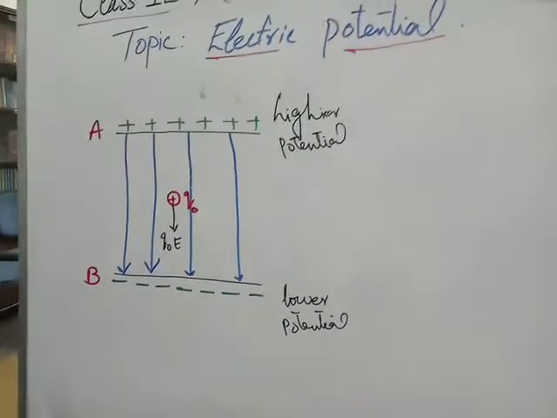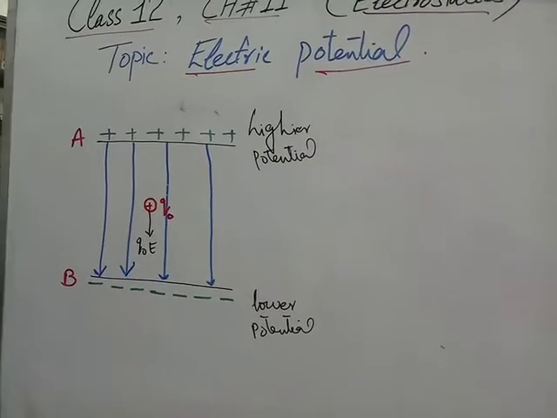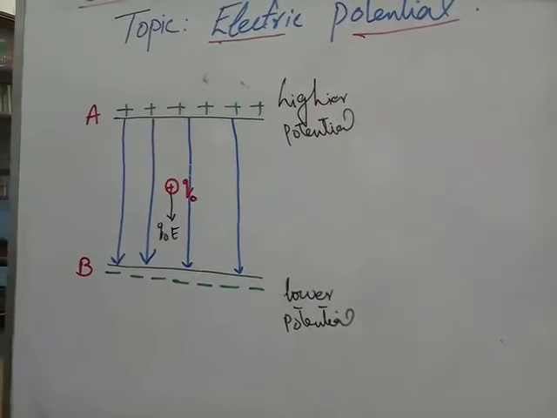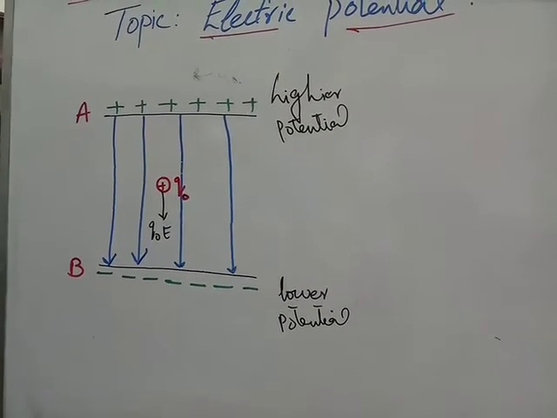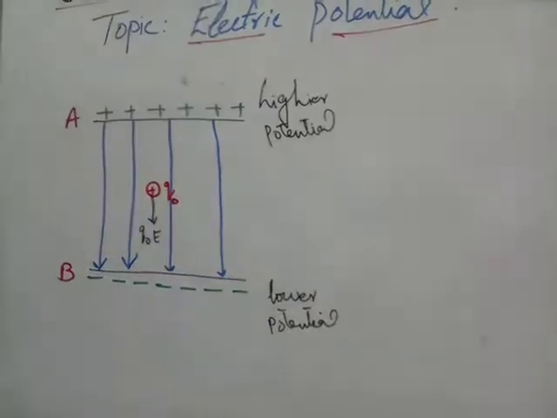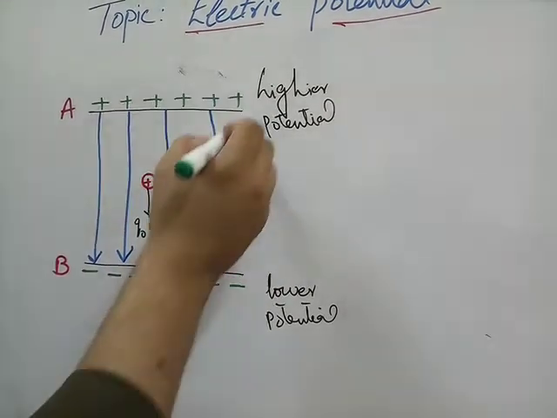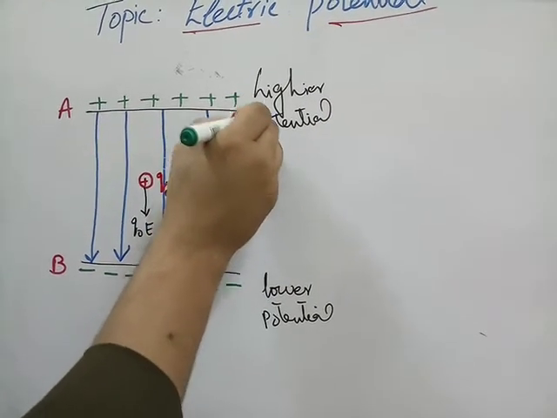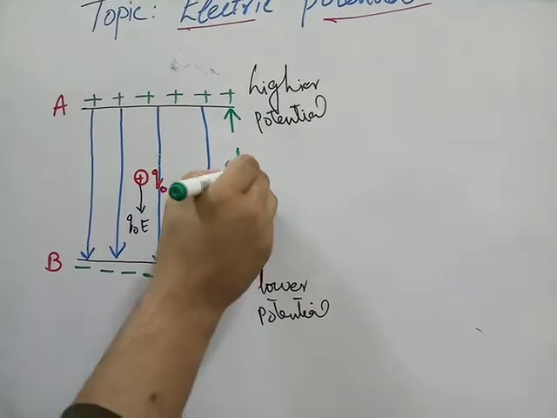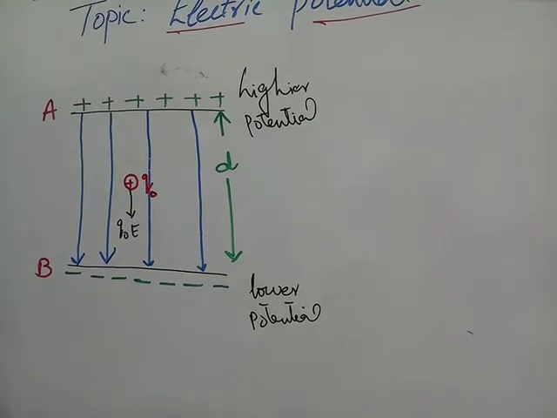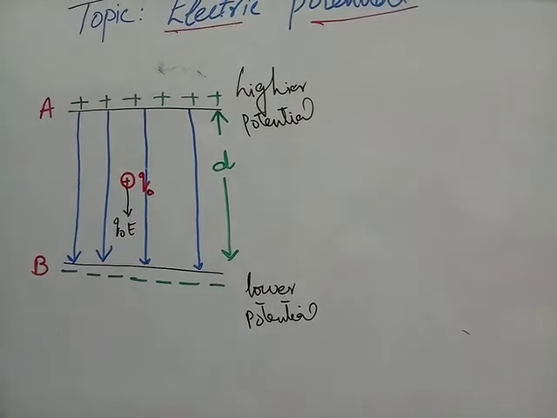On the other hand, if an external force is required to move the charge against the electric field, let's suppose the spacing between these two plates is D. These two plates are at a distance of D.